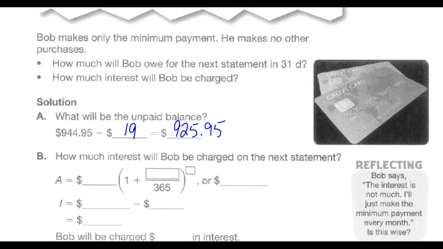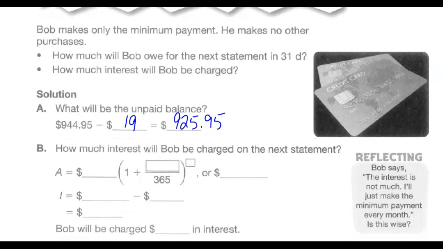And now we have to calculate the interest on that. And it's daily interest. So $925.95 times 1 plus the interest rate, which was 29, so 0.2999 in there for 31 days.